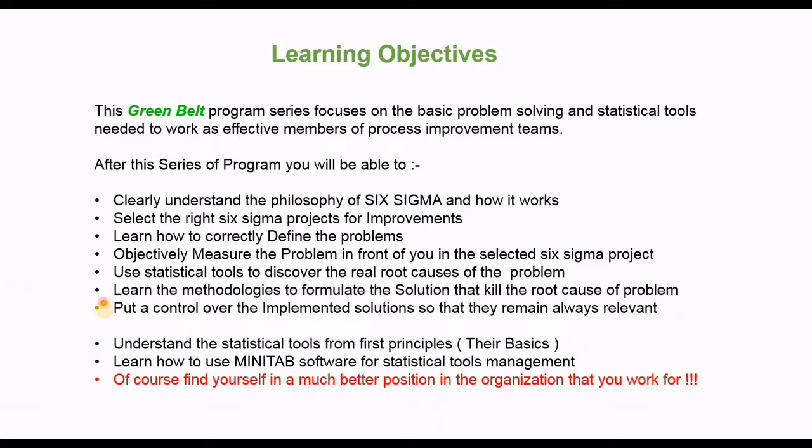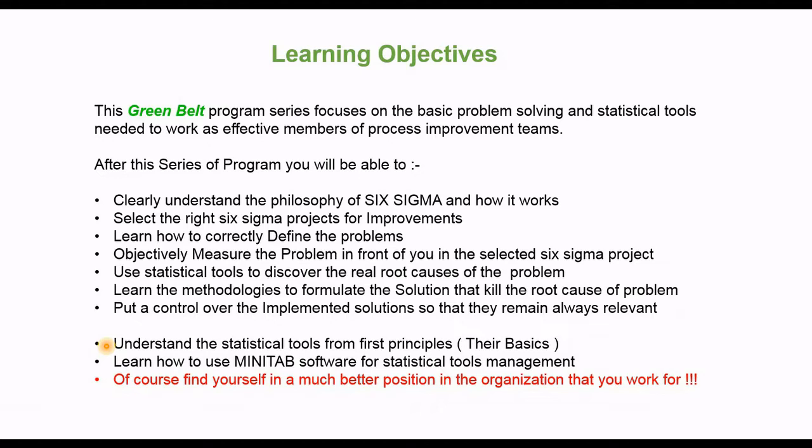So all these are the phases of the Six Sigma Green Belt program that we are going to see in this series of programs. Also, you will understand the statistical tools from first principles. That means from their basics. This is very interesting because many schools are teaching Six Sigma only based on the software, which does not allow you to understand what the tool is doing in the background.